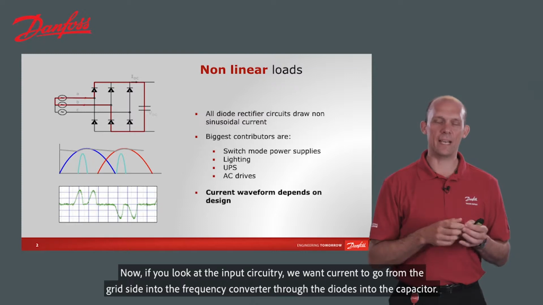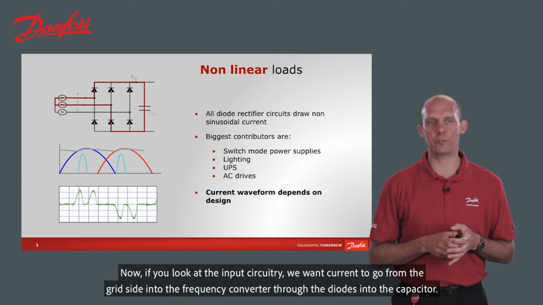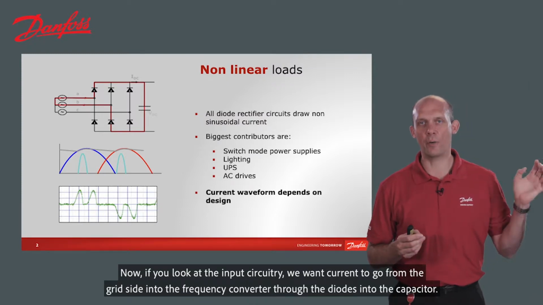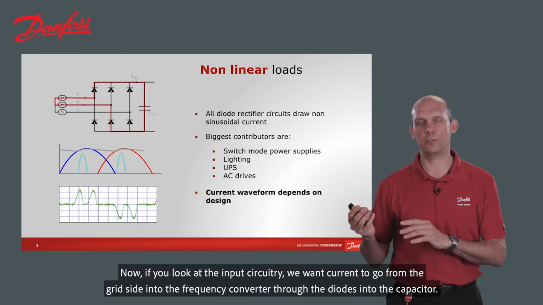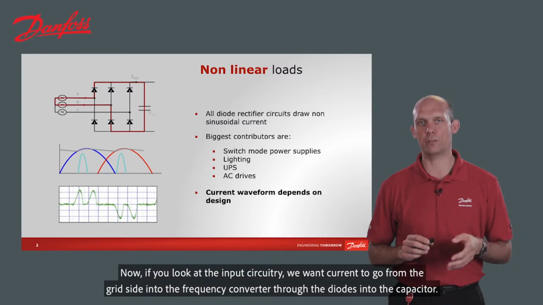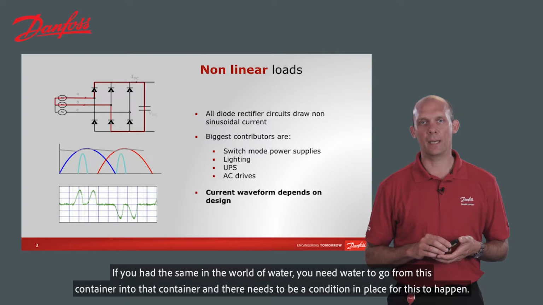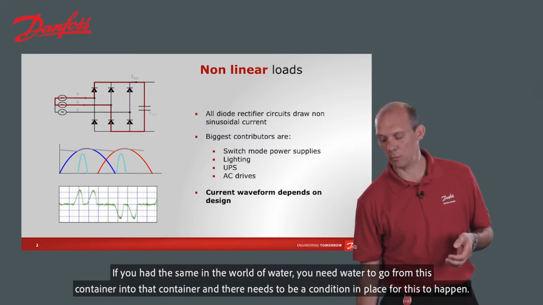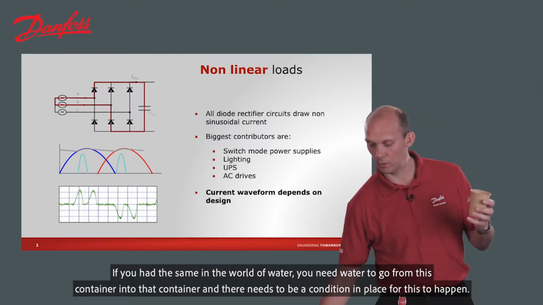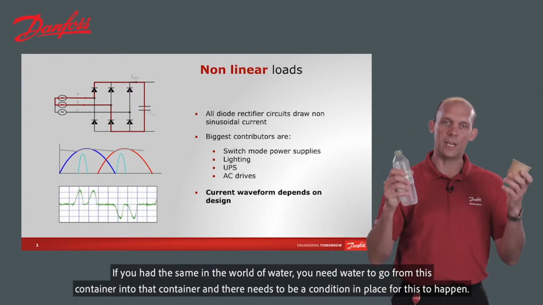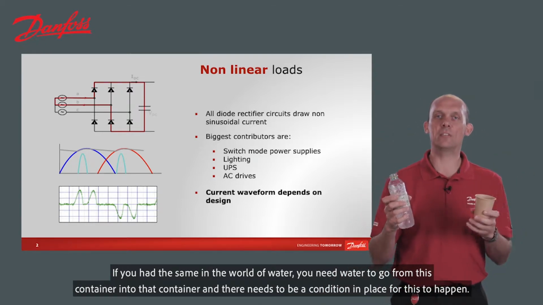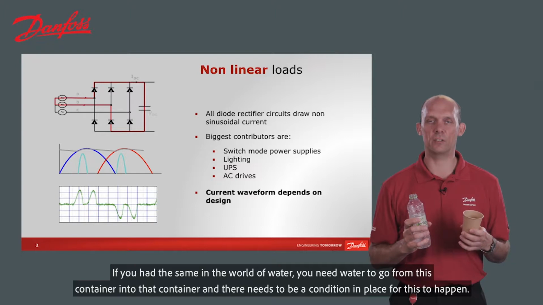Now, if we look at the input circuitry here, we want current to go from the grid side into the frequency converter through the diodes into the capacitor. In the world of water, you need water to go from this container into that container, and there needs to be a condition in place for this to happen.